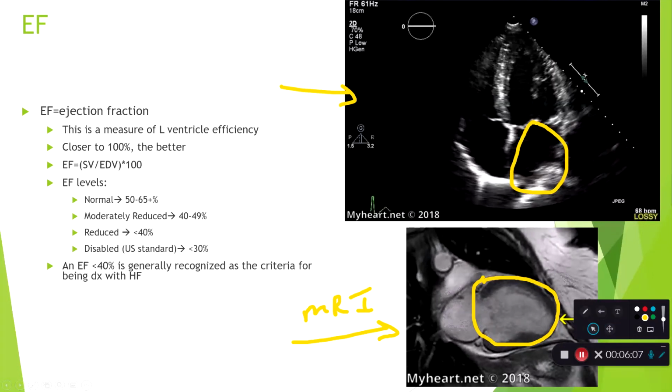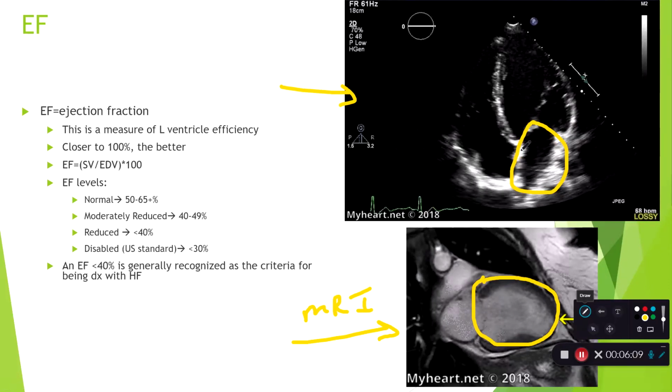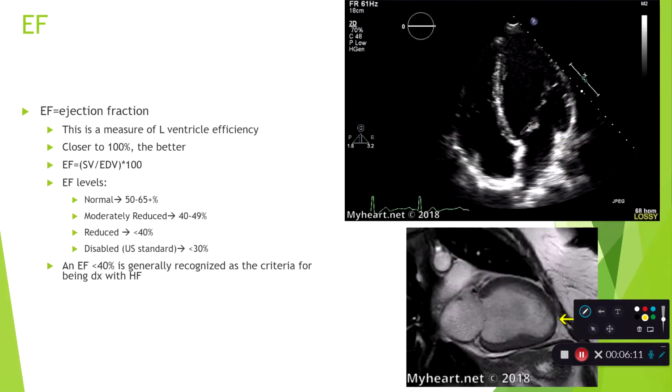If you look at the top picture, you can see how the heart contracts to roughly here, and then it expands out. Granted, you're not going to be able to tell the ejection fraction just from this, but the ejection fraction for this is given at about 58%. Down here, it's given at 23%.